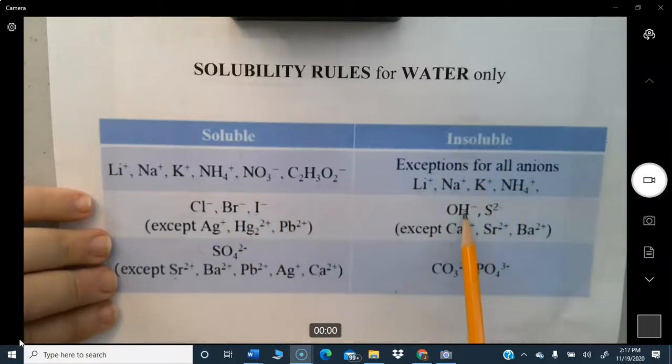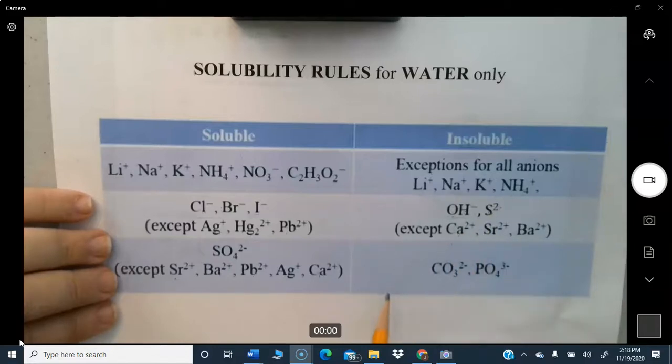So OH, that's hydroxide, is insoluble except when it's with Ca, strontium, or barium. So like calcium hydroxide would be soluble. That's insoluble except when it's with one of these. So with one of these, this would be soluble. Same with the sulfide ion. So that's insoluble with anything except these 3.